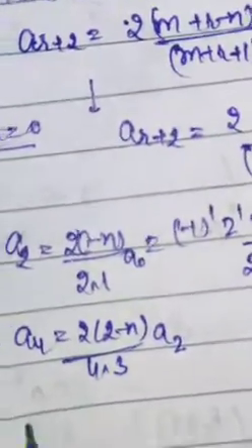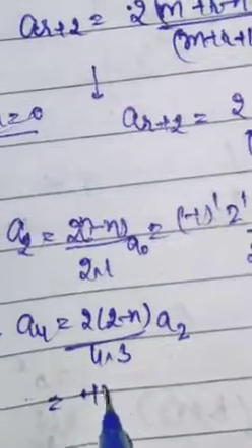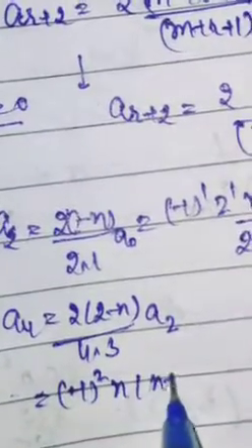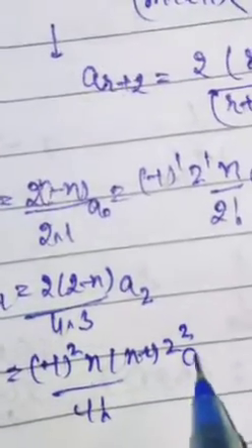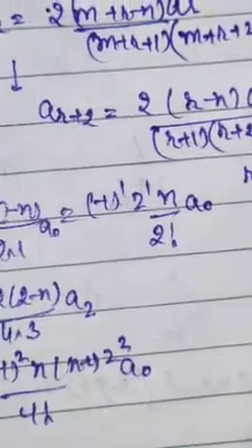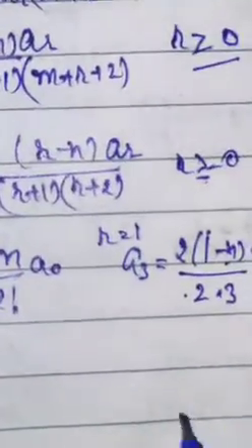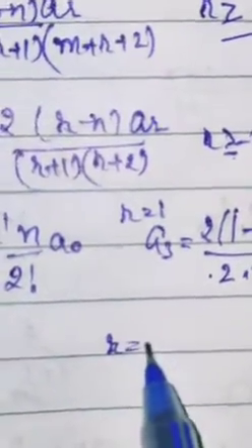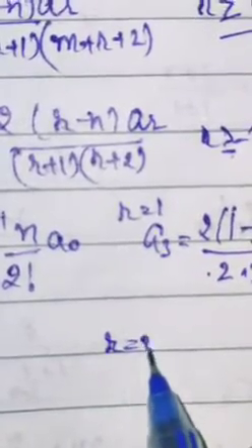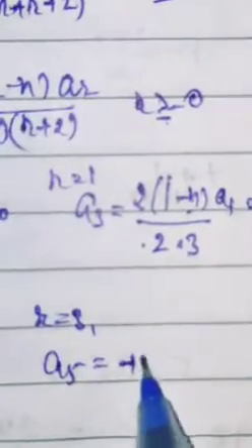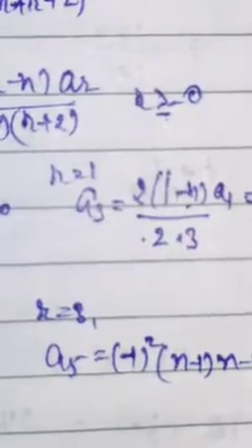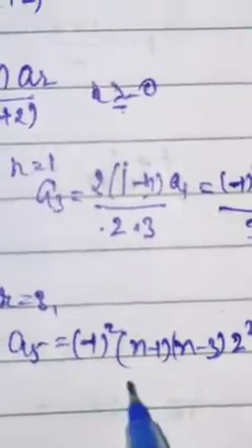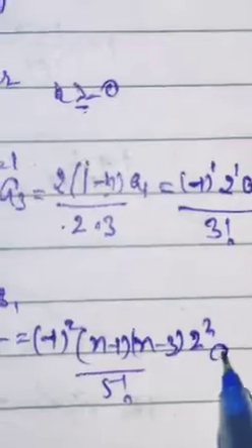When we put the value of a2, we get (-1) whole squared, n into (n-2), 2 raised to the power 2 divided by 4 factorial a0. Similarly, when we find the value of a5, that is when we put r equal to 3, a5 gives the result (-1) raised to the power 2, (n-1)(n-3), 2 raised to the power 2 divided by 5 factorial a1.